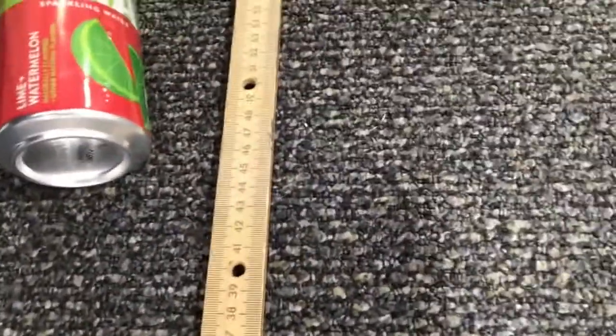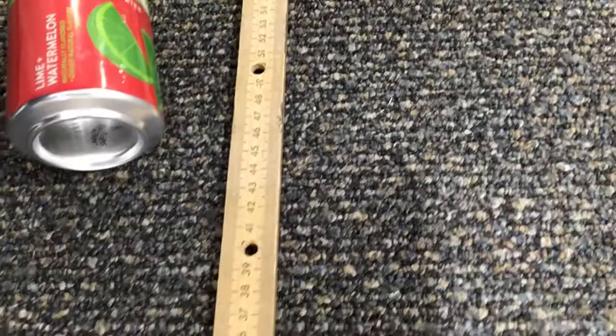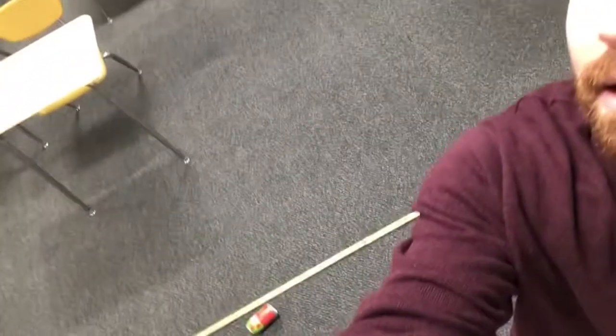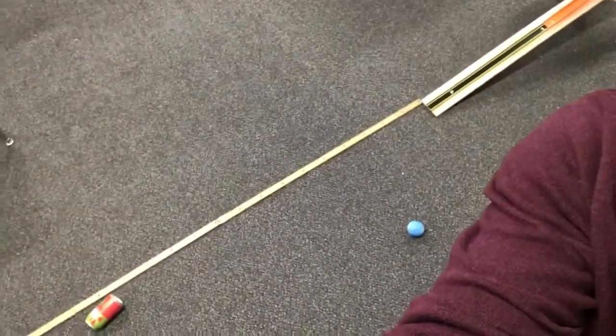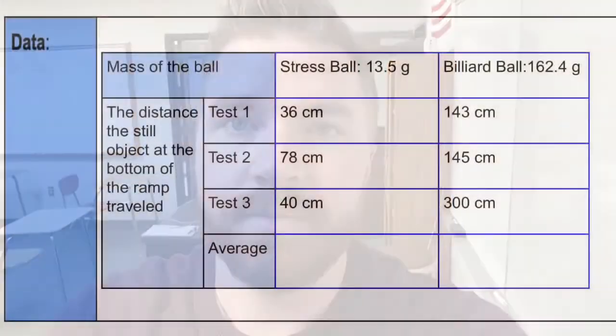At this point, we're about 43 centimeters, but we're on our second meter stick. So if you look here, we've got all that distance that it traveled. That went 143 centimeters. I'll run that 2 more times and then you'll see the data results.